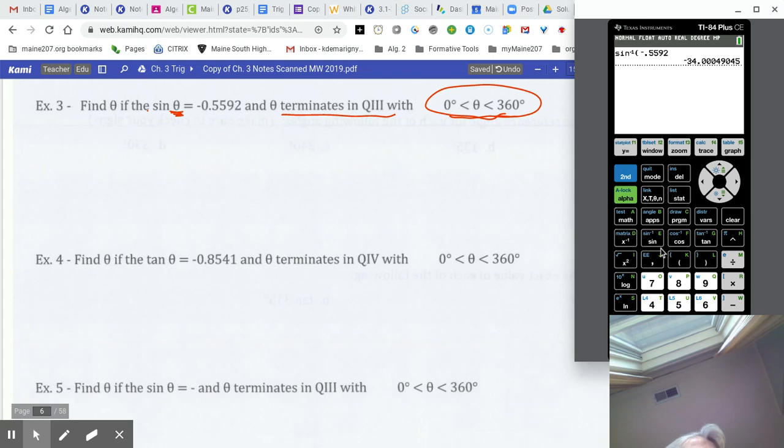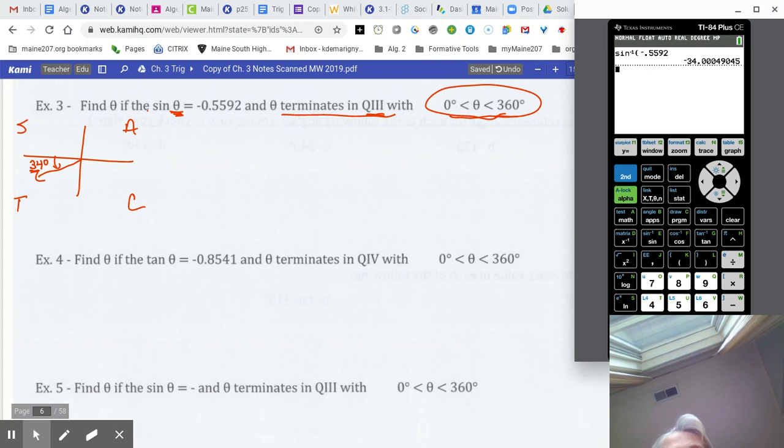Okay, so if you're a negative 34 degrees, the only thing I have to worry about is that I'm terminating in quadrant 3. So if I'm terminating in quadrant 3, and I'm a negative 34 degrees, that means this is 34 degrees. If I'm in quadrant 3, remember that all students take calc. It just means that I'm in the third quadrant, obviously. But in order for me to get there, I need a reference triangle that has an angle of 34 degrees.